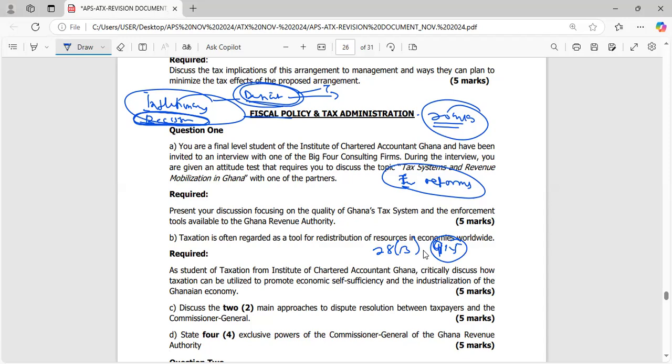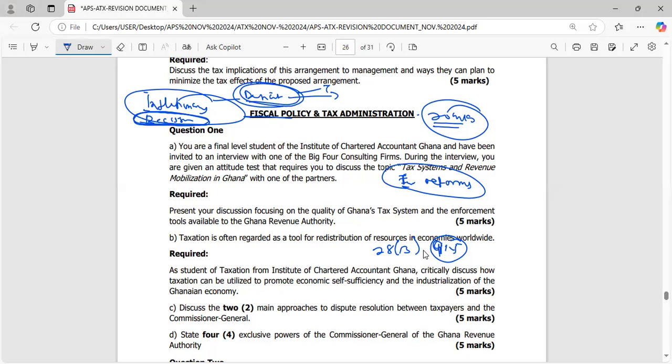One is if the Commissioner General believes that you are about to cease operations in the country indefinitely, or the taxpayer is about to leave the shores of Ghana, or the taxpayer does not keep proper books of account. The Commissioner General has the power to write to you to mandate you to file your returns before the due date, because we don't want to lose that revenue.